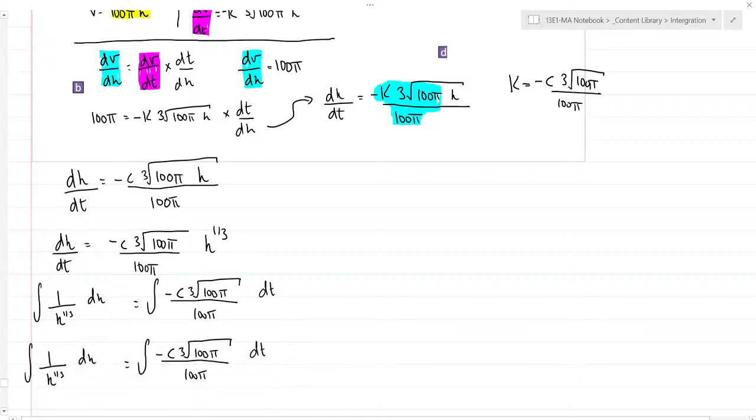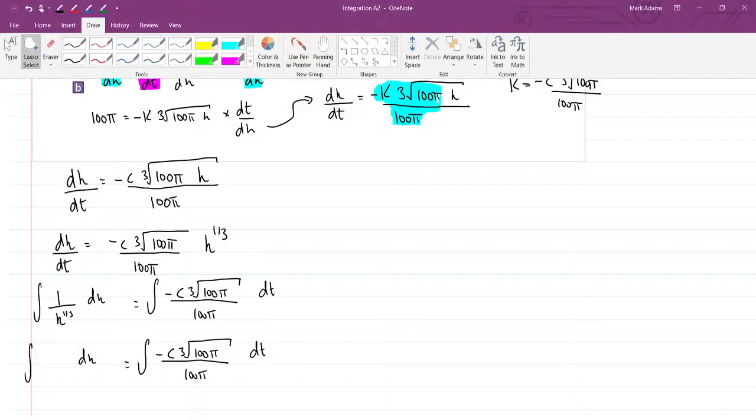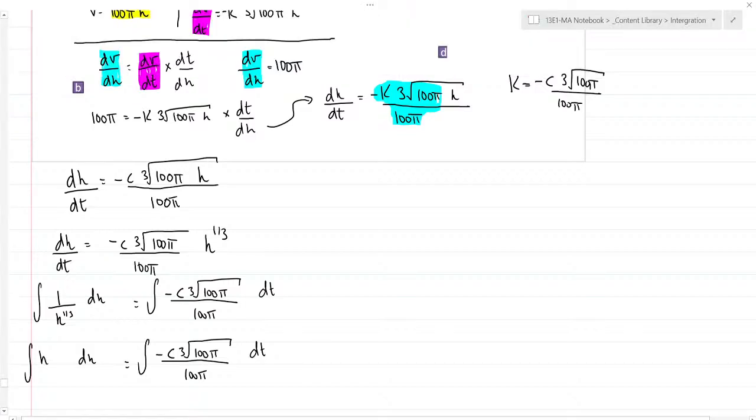So for this side here, I'm going to write this as h to the minus third, in which case when I integrate h to the minus a third, I need to add 1 to the power, which is going to be h to the 2 over 3, then divide by 2 over 3.